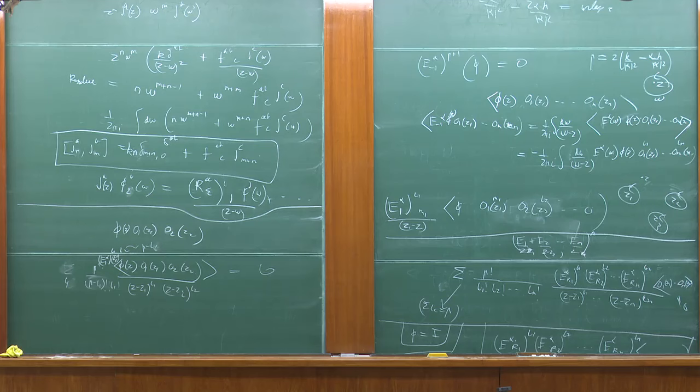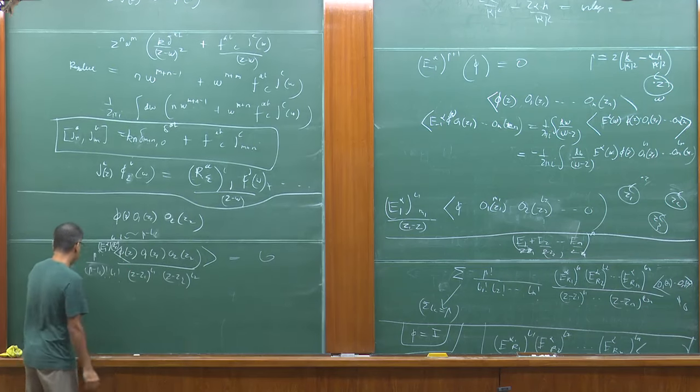Now we will choose phi itself to be an operator, one of the primary operators in some representation R3. Okay? Now, what was P?